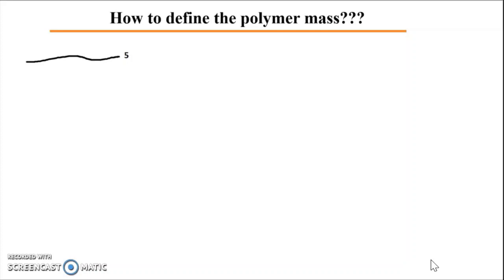If I consider a polymer sample, in this polymer we can find a polymer chain having 5 repetitive units. So I will define i as the number of repetitive units of the monomer in the polymer chain. This chain having 5 repetitive units has a specific mass.